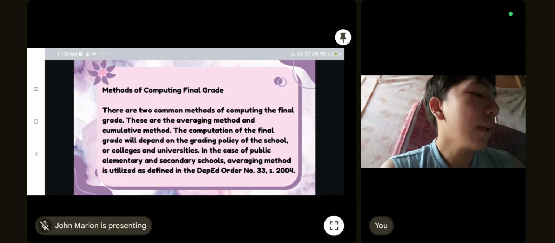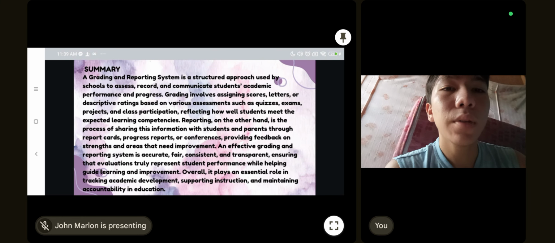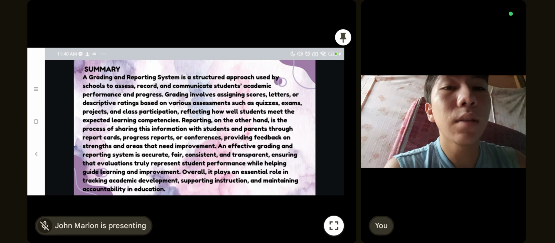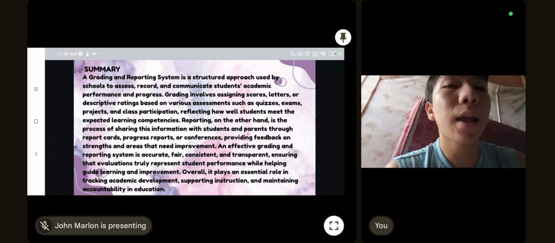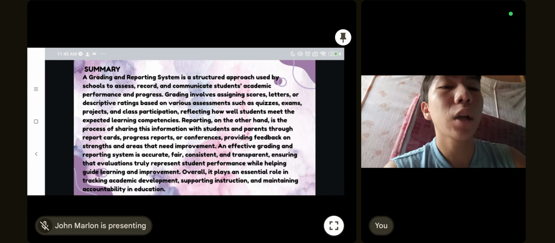The next is our summary. The grading and reporting system is constructed as an approach used by the school to assess, record, and communicate students' academic performance and progress. Overall, it plays a central role in tracking academic performance, supporting instruction, and maintaining accountability in education.